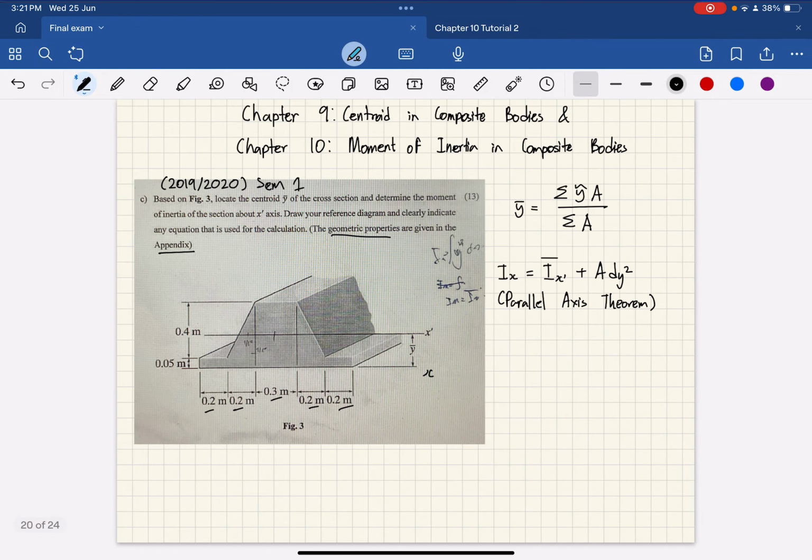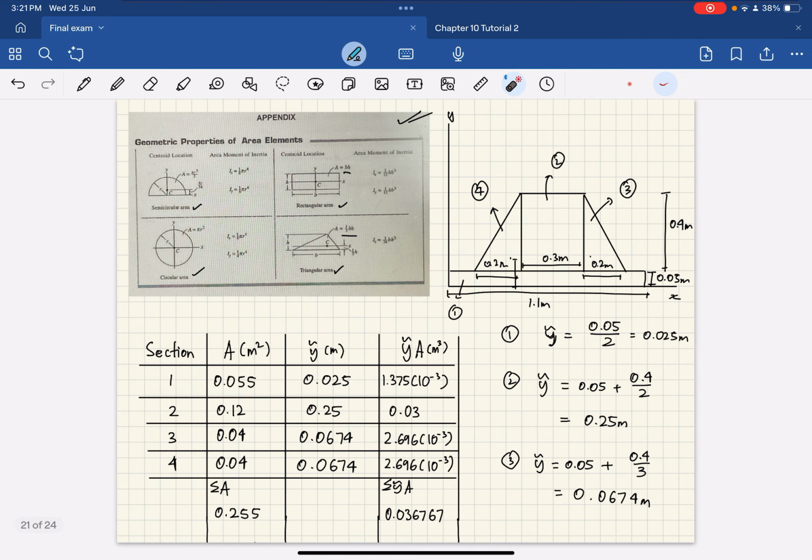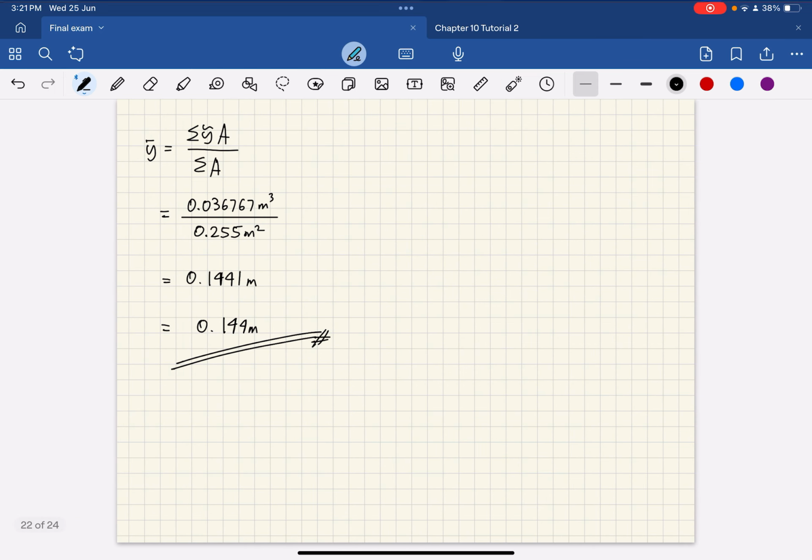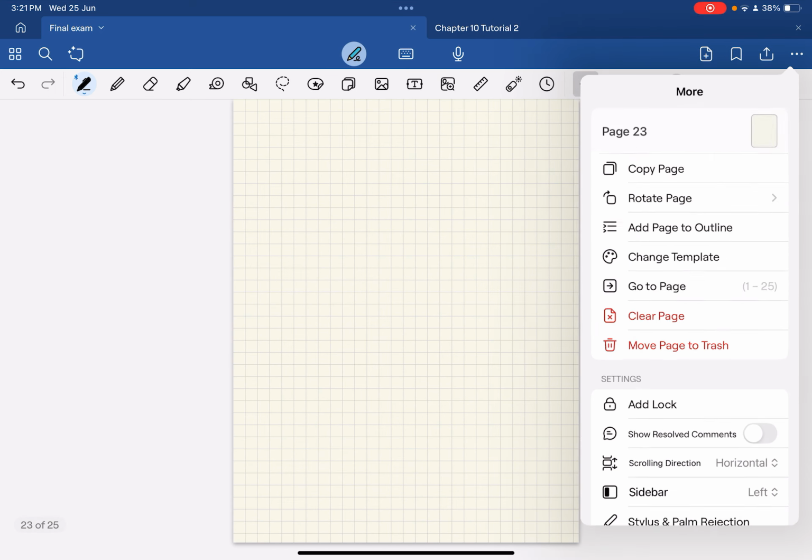Now we're not done yet because we need to figure out the moment of inertia of the section about the x prime axis. So we need to figure out the moment of inertia along this axis. Okay, so I'm going to draw a similar diagram on the next page to make it more clear.